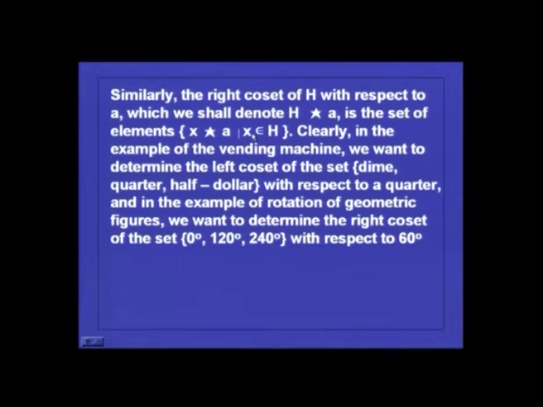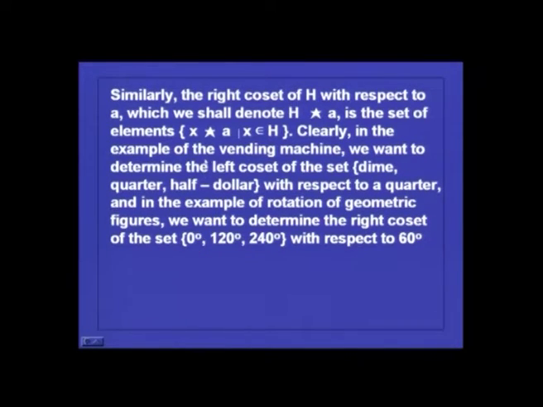So, if you look at the example which you considered in the case of a vending machine, first you deposited a quarter and then you want to know what is the result when you deposit a dime, quarter or a half dollar. In essence you are finding the left coset of the set dime, quarter, half dollar with respect to a quarter.